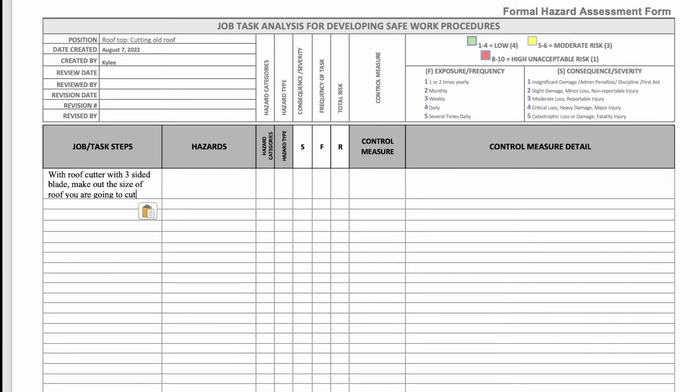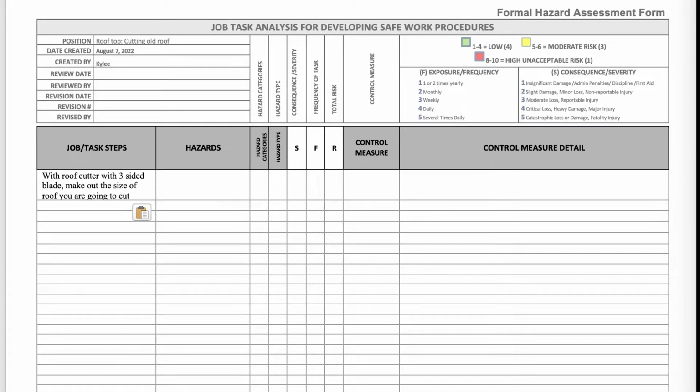From here, you are then going to identify the risks involved with this specific job. It could be that the hazard associated with this one could be rocks flying out of the roof cutter and contact with blade.